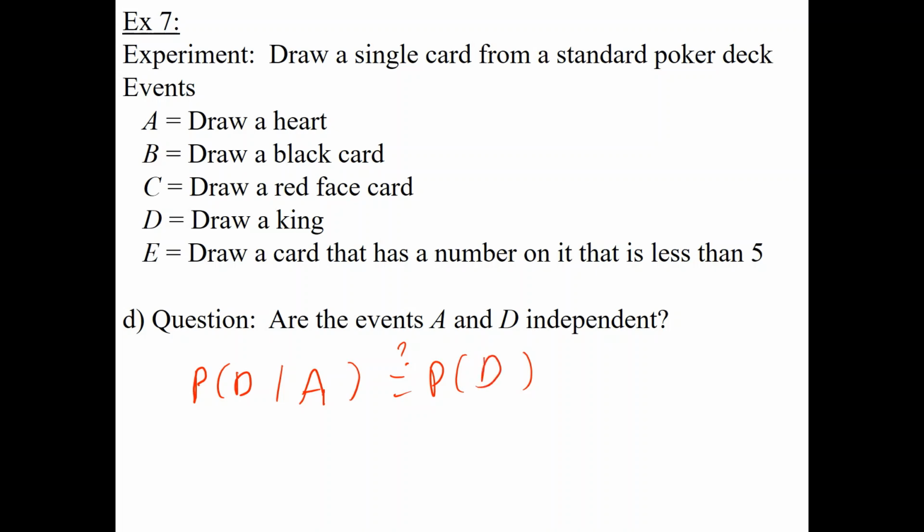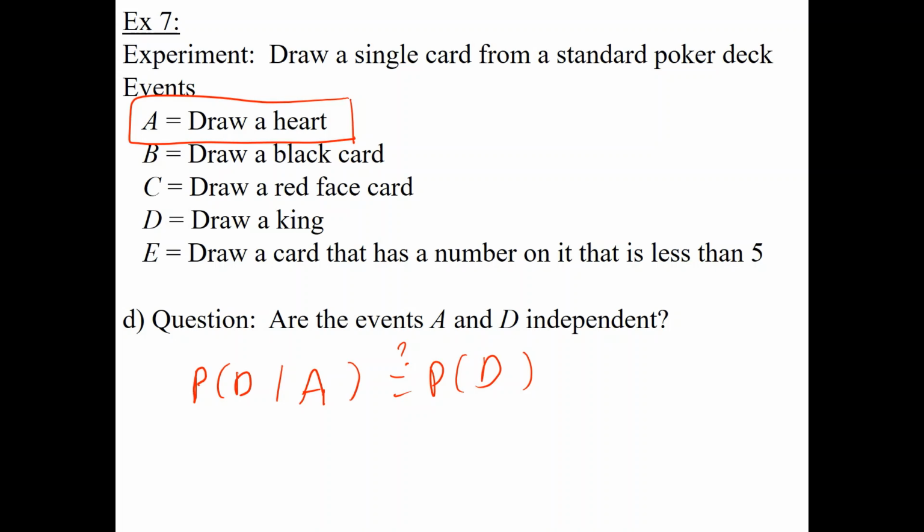I'm expecting the same answer because in the last way we did it, we said that it was independent. So I'm expecting these two numbers to be the same so that I get independent again. And that's what will happen. Let's go ahead and look at this. So for the conditional probability, remember A has occurred. Think about it like this. I've drawn one card from a deck and I show you, but I don't look at it, and you tell me it's a heart.